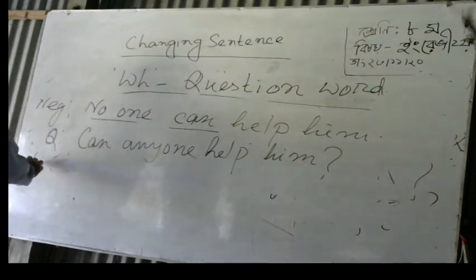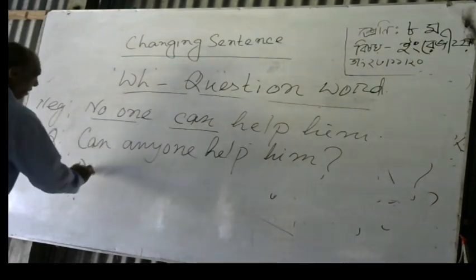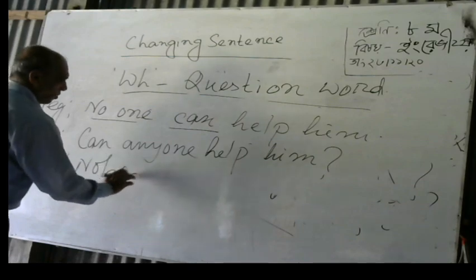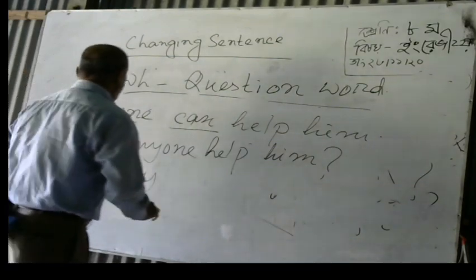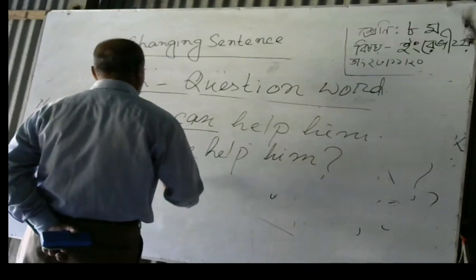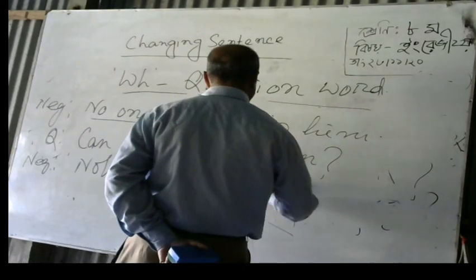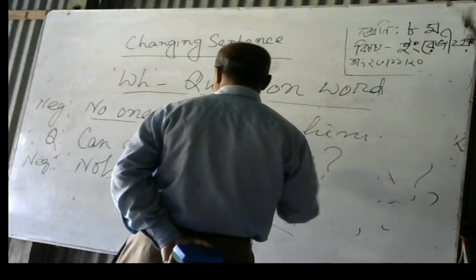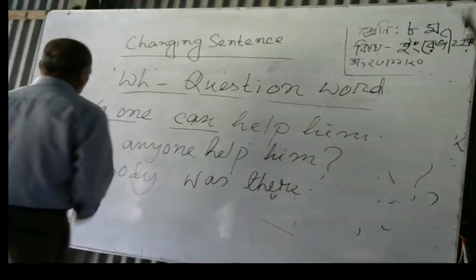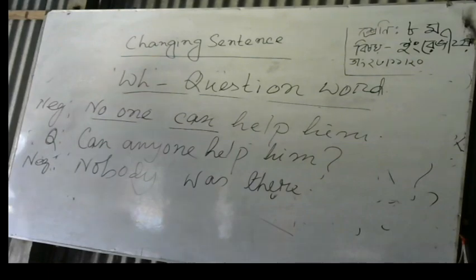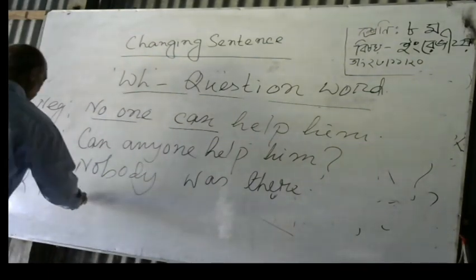If this statement is like this, nobody was there. Suppose this is a statement. This is obviously a negative sentence. But how will we make a question? In case of nobody, we can use who.